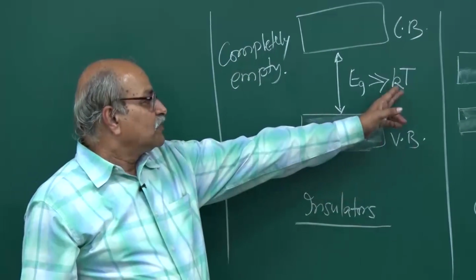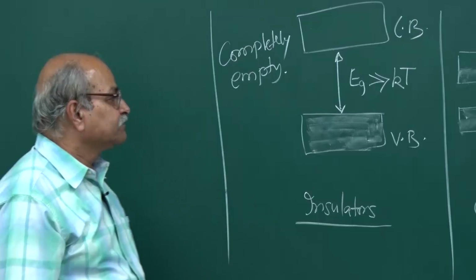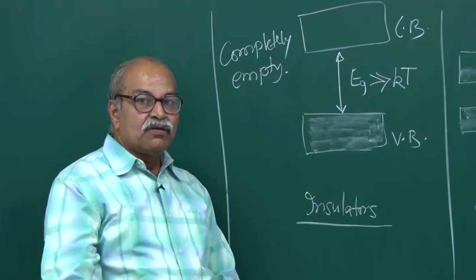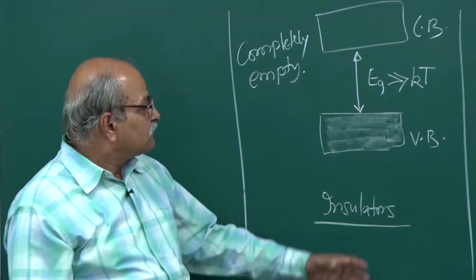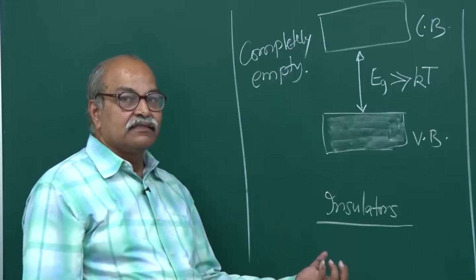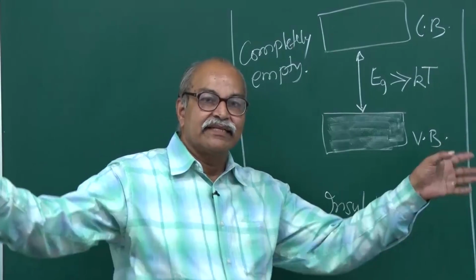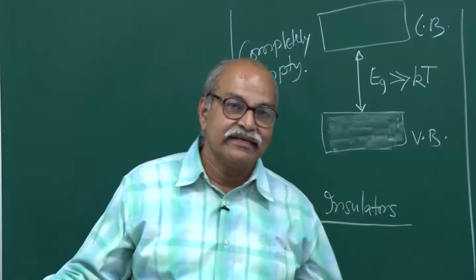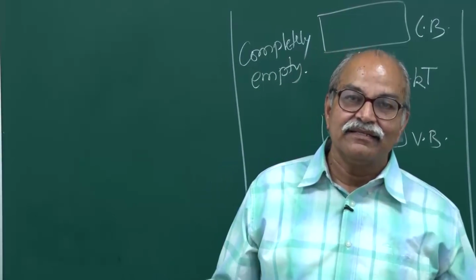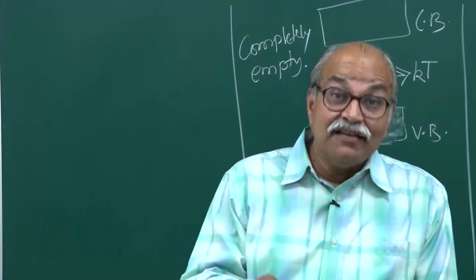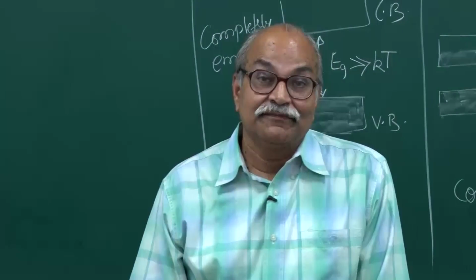Now let's talk about this kT business. As I told you, through thermal interactions, electrons and the lattice keep exchanging energies, and that energy exchange is on the average of the order of kT.